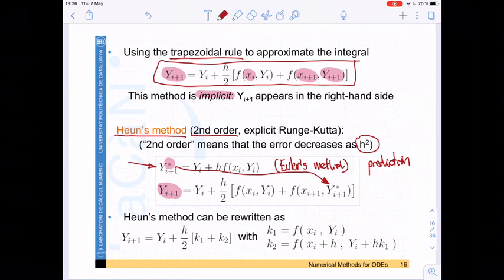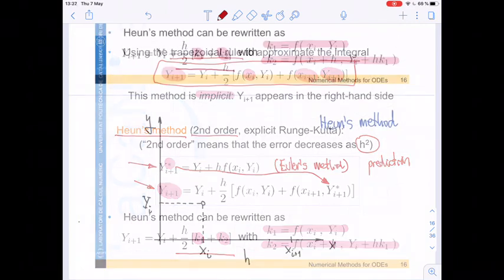Note how, in this case, this equation is explicit. If we use the usual notation of k's for the slopes, we have k1 and k2, and Heun's method can be understood as advancing with the average of two slopes, k1 and k2, evaluated at the two edges of the subinterval.